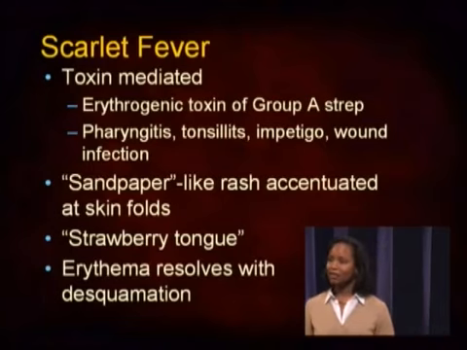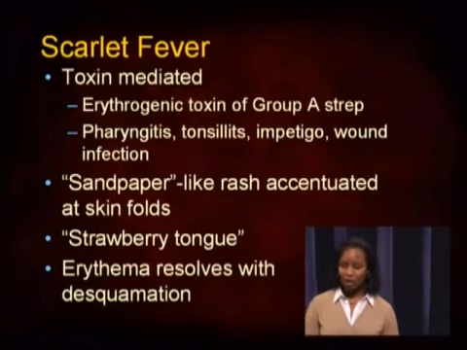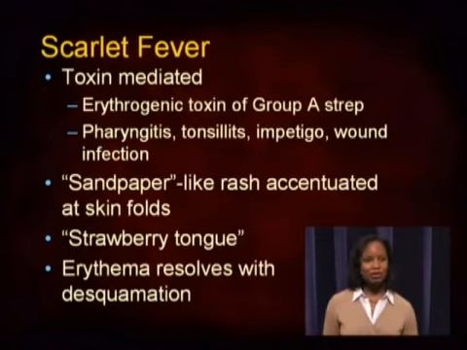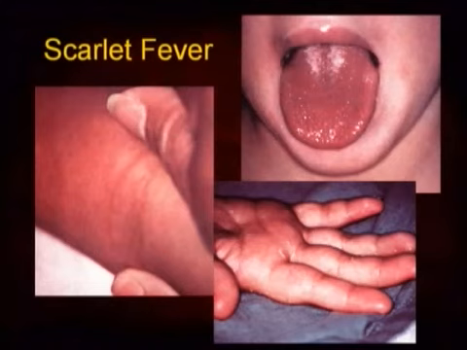And then as the scarlet fever eruption resolves, patients develop desquamation. So here again is the strawberry tongue. Down here we're looking at the desquamation as the eruption resolves. And then this is some accentuation within the skin folds, and those are actually tiny petechiae. We call it Pastia's lines right in the skin folds there in a patient with scarlet fever.